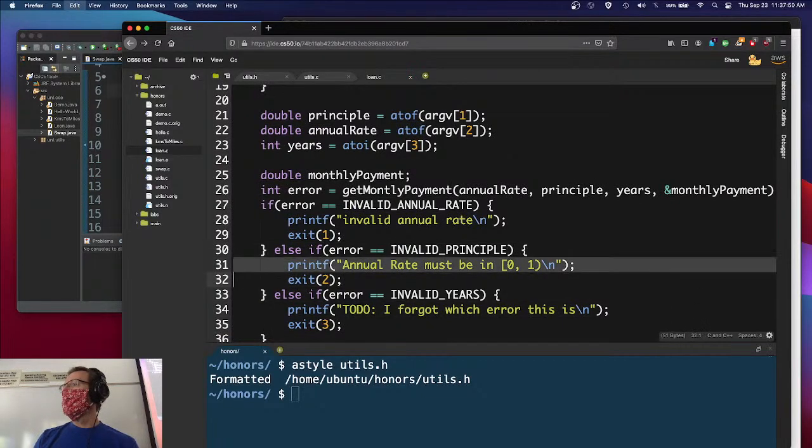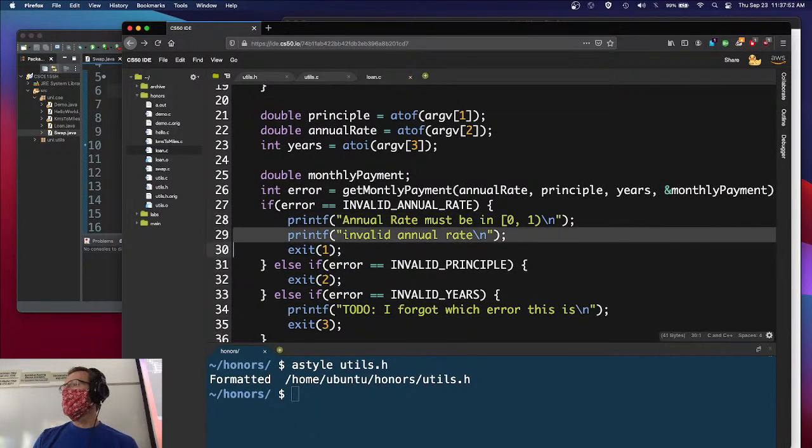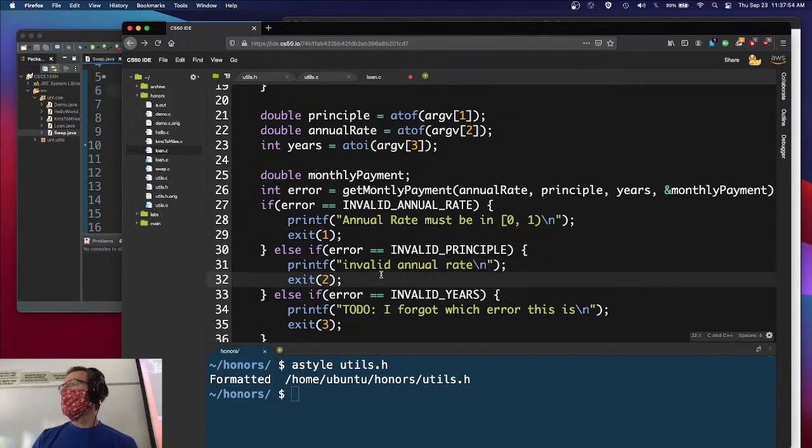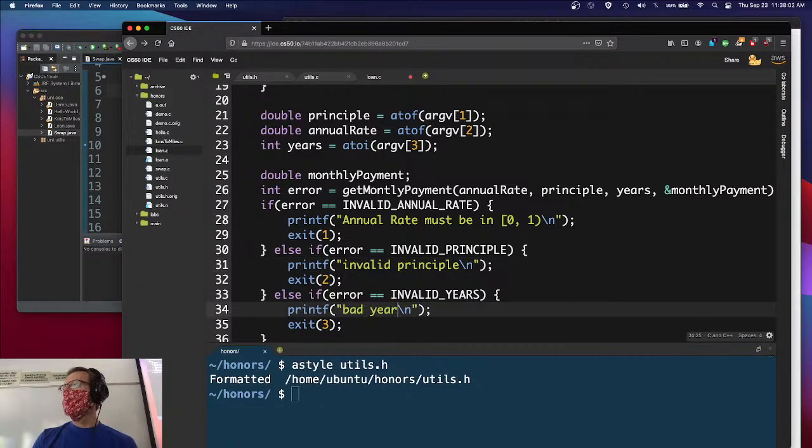All right, I will move this error message up here, and then invalid principal, and invalid years, bad years, whatever, right? More human readable terms here. You can write your own essay if you want to. I'm not going to. Okay.